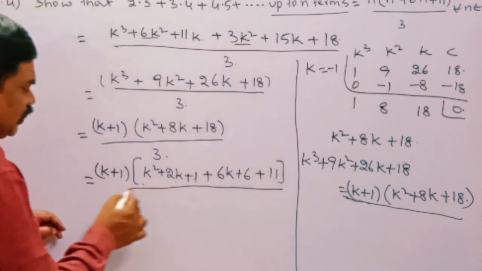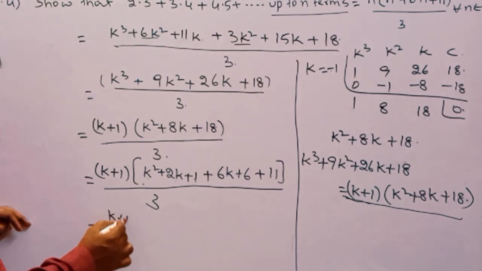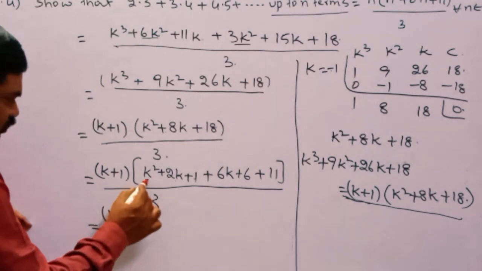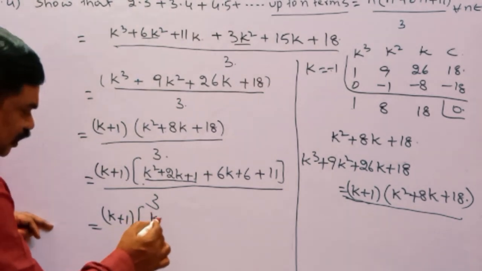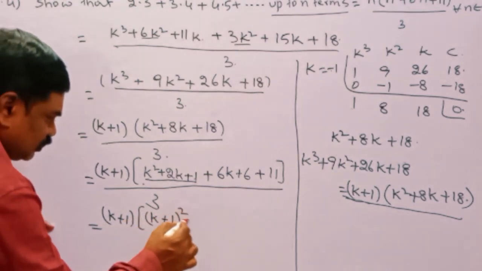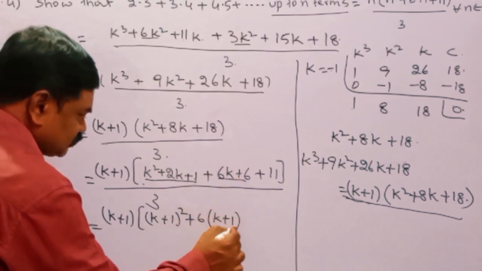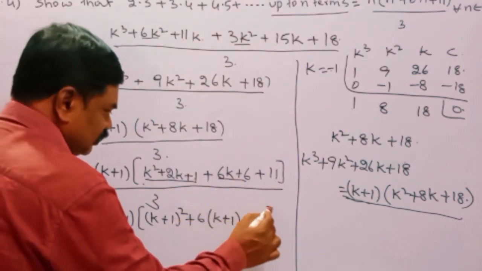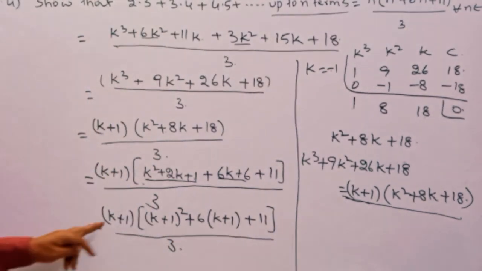11 by 3 is equal to k plus 1 of, this is in the form of a plus b whole square. That is k plus 1 whole square plus, taking 6 as common, k plus 1 plus 11 by 3. Okay, all of you.